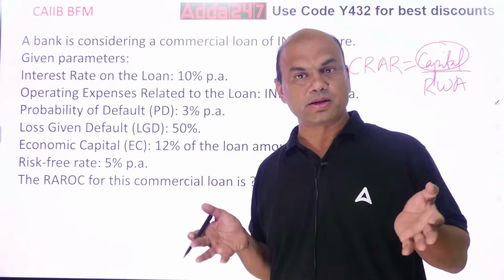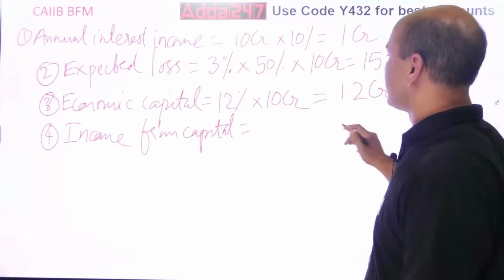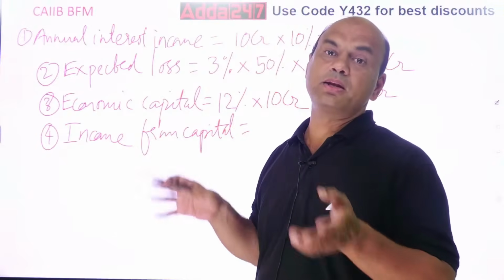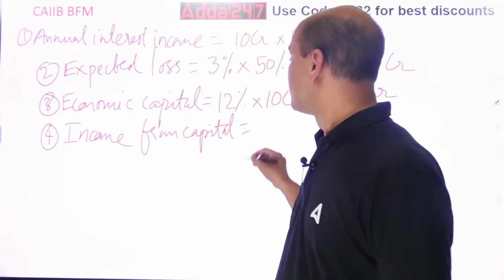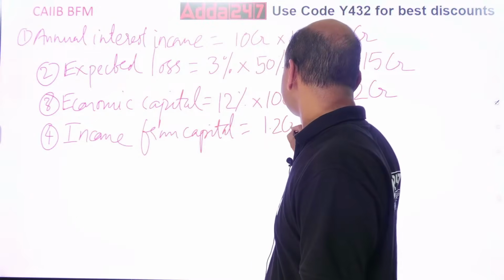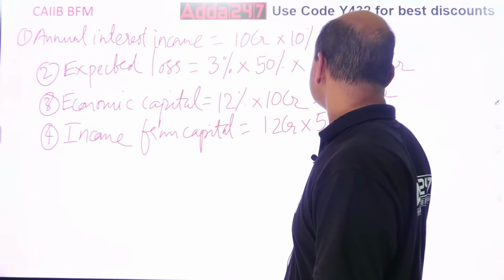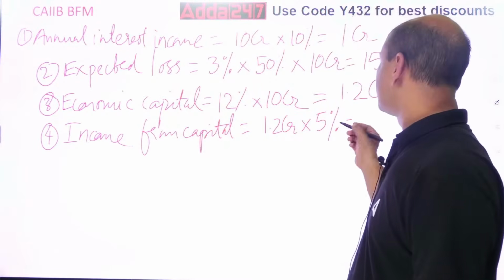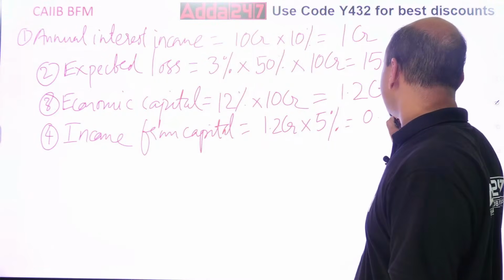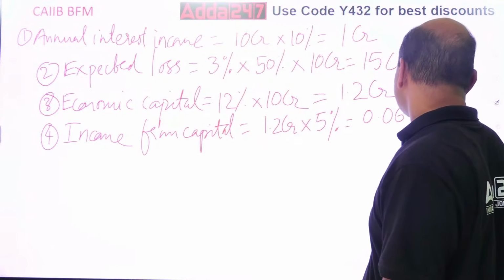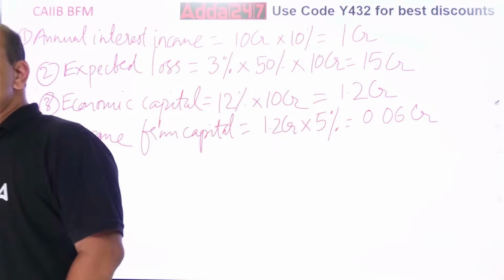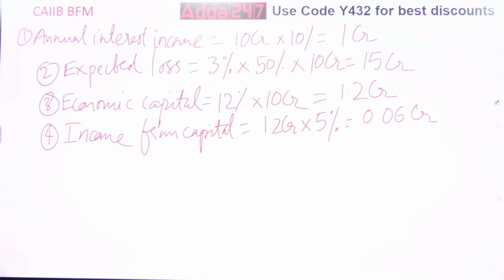If I keep this capital of 1.2 CR in an FD instead of giving it as a loan, what income will I get? 1.2 CR into 5%: 12 5s are 60, so 6 lakhs, which is 0.06 CR. Everything we write in CR.